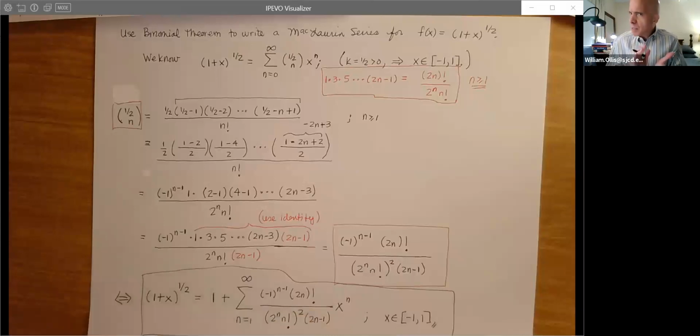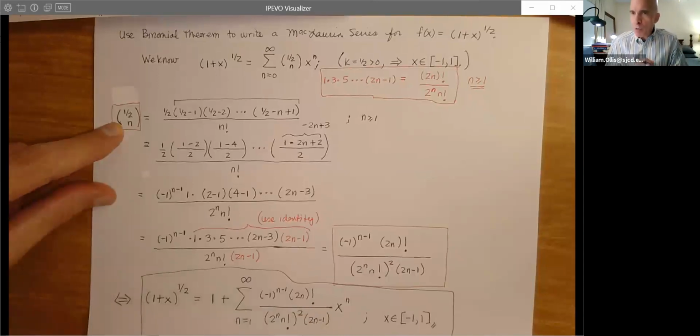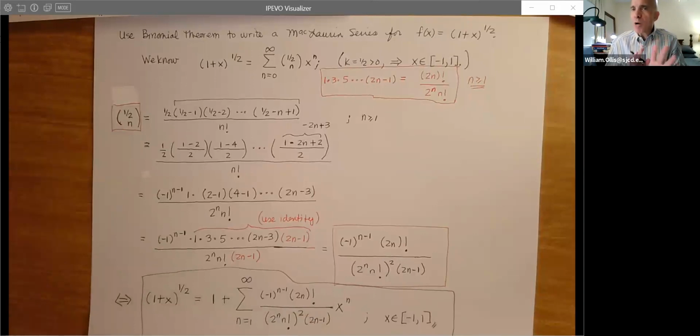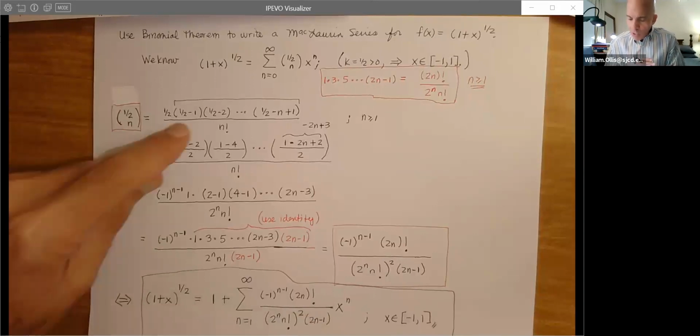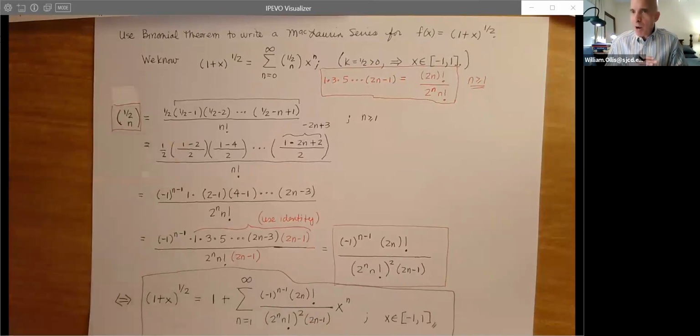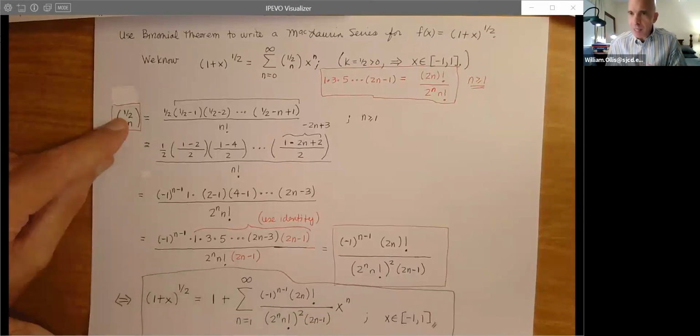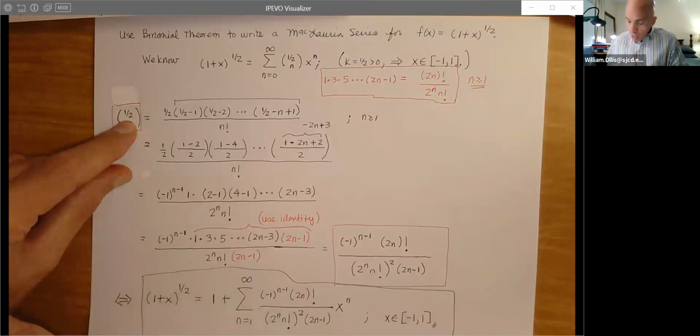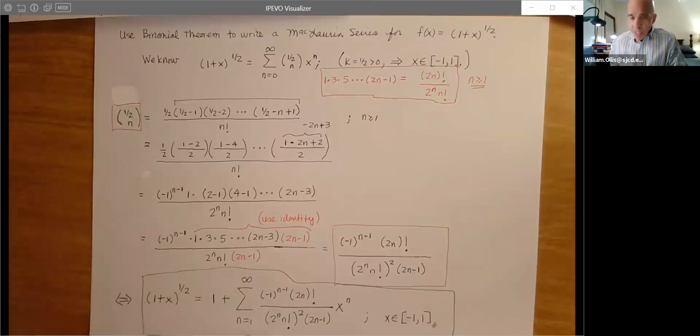So maybe a little bit easier, but also a reworking of the complexity of the binomial coefficient. Binomial coefficients are in no way simple, but with this definition, if you're thinking about probability, you're thinking about counting, but now we're not always thinking about probability because this is not an integer here. So we get the series for the square root of 1 plus x.